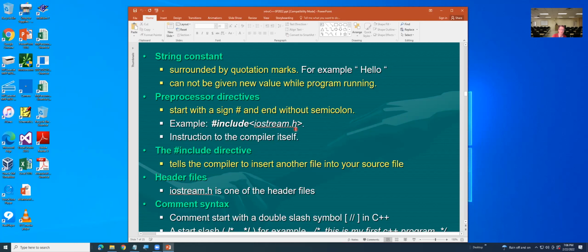That means this is done by Microsoft. Okay, they do everything for you. The only thing is you have to include that in your program when you're running. Okay, that will be an instruction to the compiler itself.